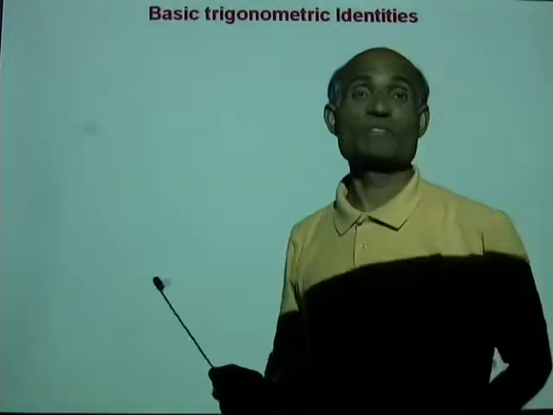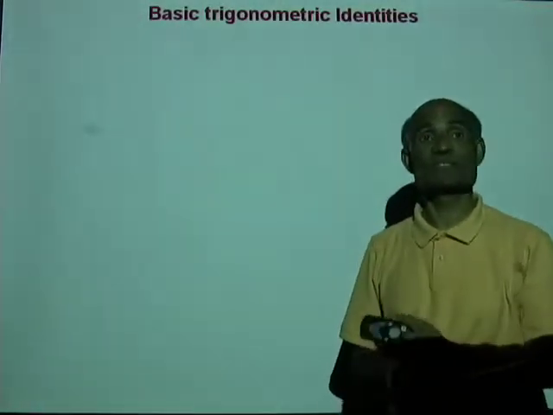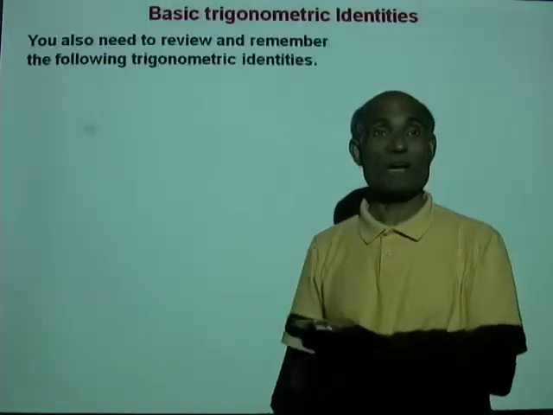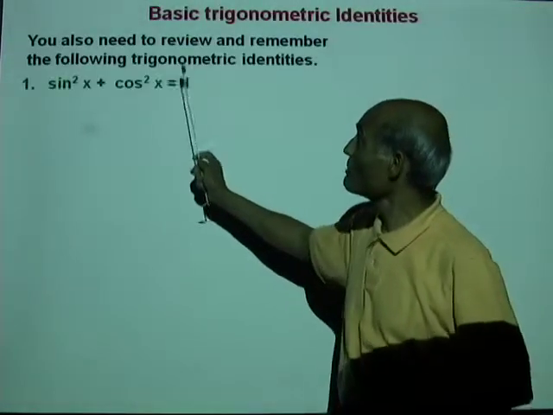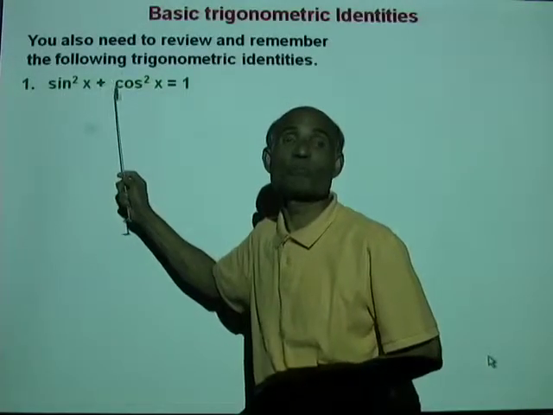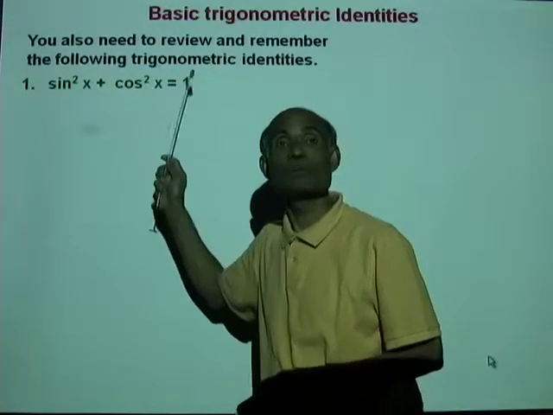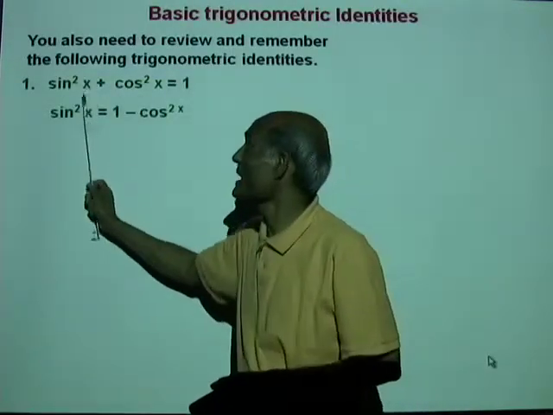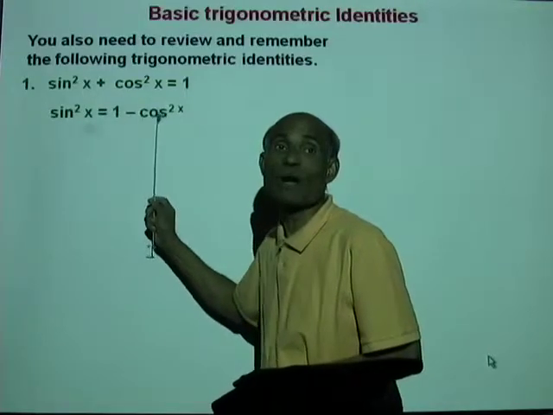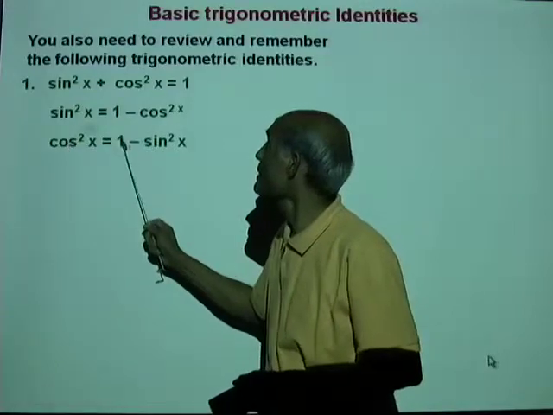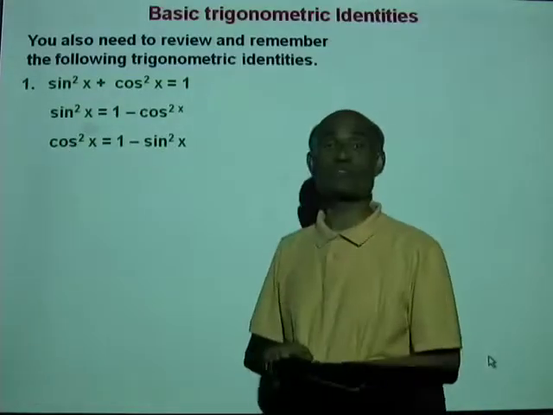In addition to this, you must also remember some of the basic trigonometric identities. Now the first basic trigonometric identity is this: sine squared x plus cos squared x equal to 1. Now that can also be written as sine squared x equal to 1 minus cos squared x, or cos squared x equal to 1 minus sine squared x.